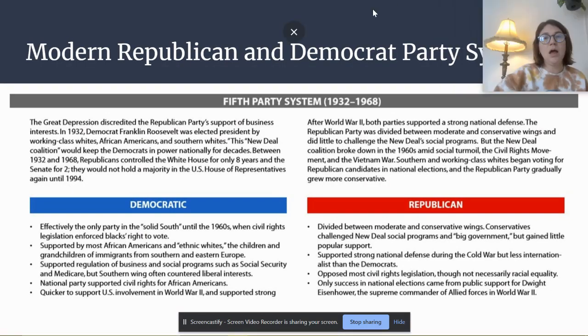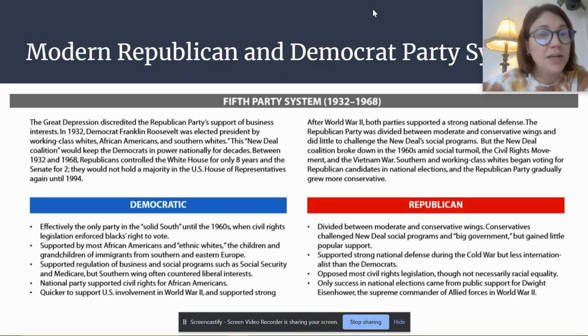So let's take a look. This is where we now get into our fifth party system, from 1932 to 1968. The Great Depression had discredited the Republican Party's support of business interests. In 1932, Democrat FDR was elected president by working class whites, African Americans, and Southern whites.